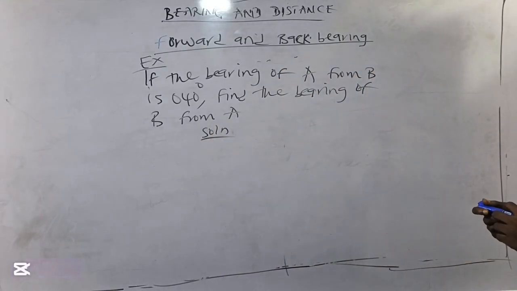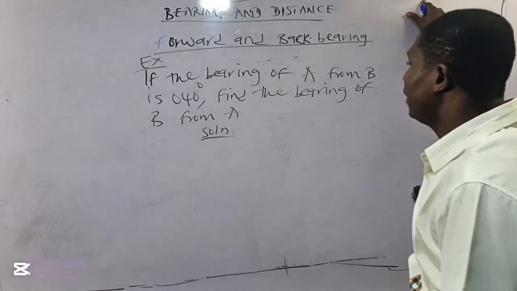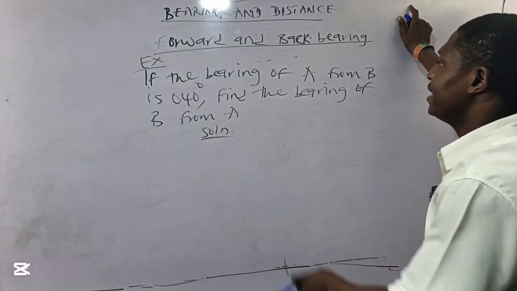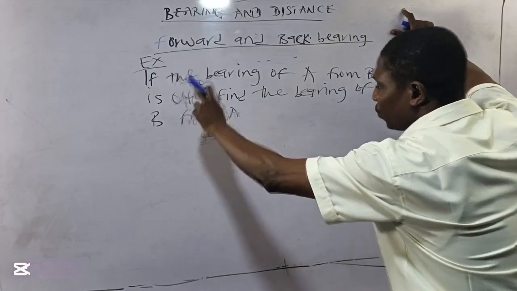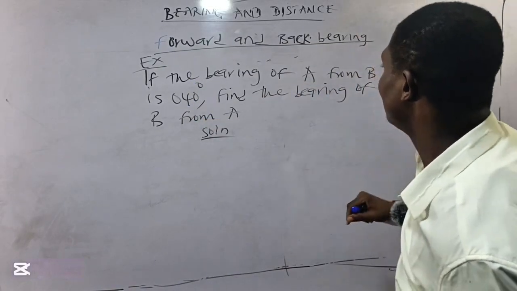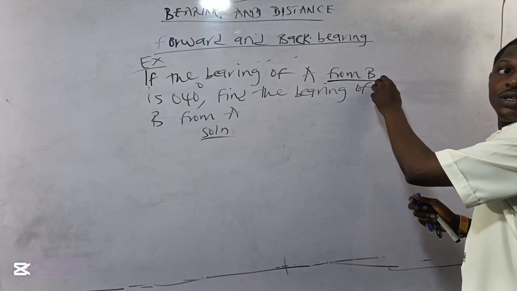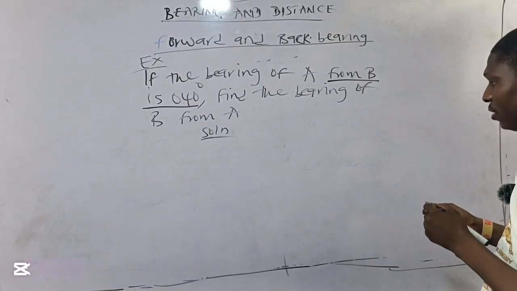Now, they said if the bearing of A from B is 40 degree, find the bearing of B from A. First, you want to ask yourself, which has the bearing? Is it A that has this 40 degree, or is it B that has this 40 degree? This bearing belongs to B. Immediately you see the word from, just rule till you see your bearing given.